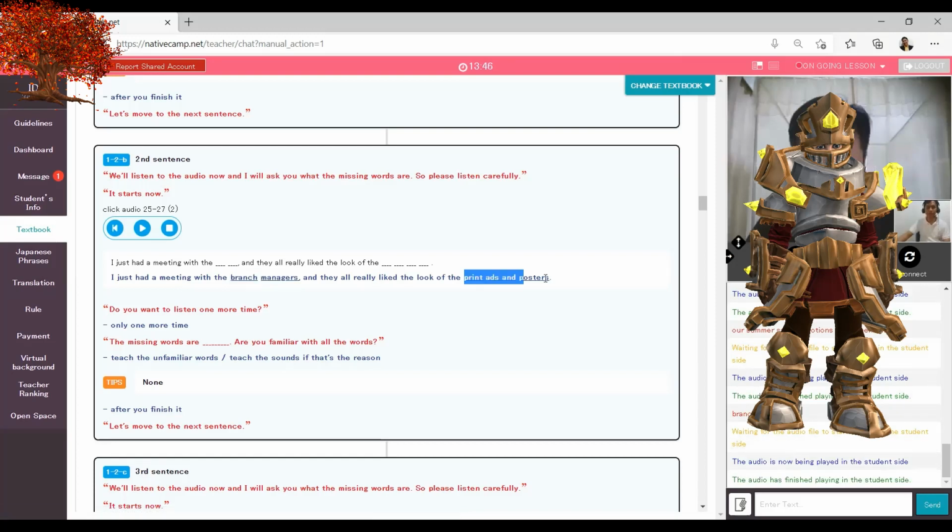Printing at some posters. Okay. No some. There is no some. Yeah, not some. One more time. All right, please listen. Here we go. I just had a meeting with the branch managers, and they all really liked the look of the print ads and posters.